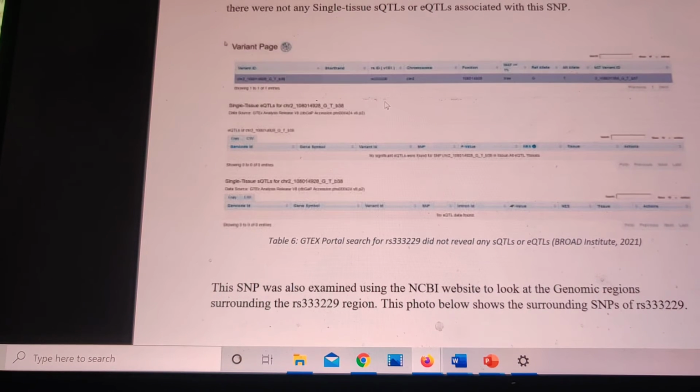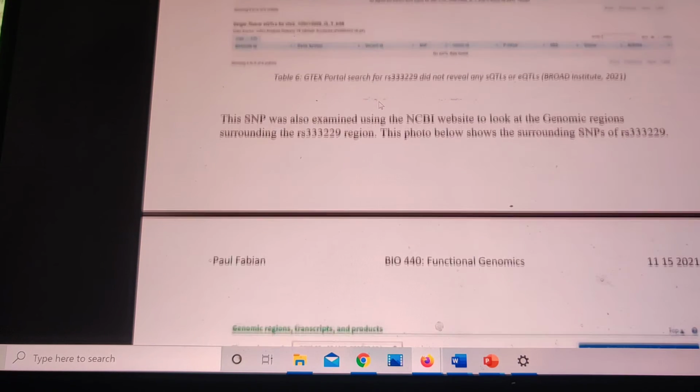So for further research, the SNP that was analyzed in both studies was looked at through the GTEx portal to see if there were any associations for this SNP, and there were no SQTLs or EQTLs associated with it.